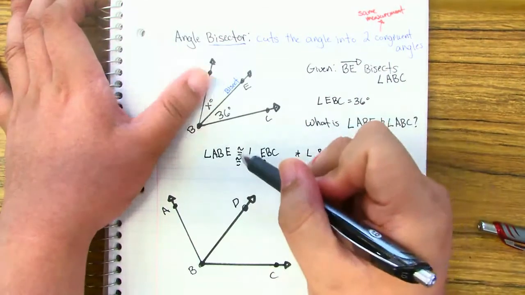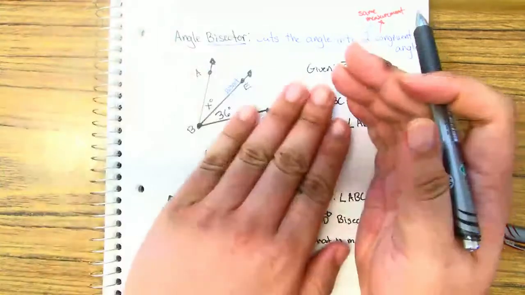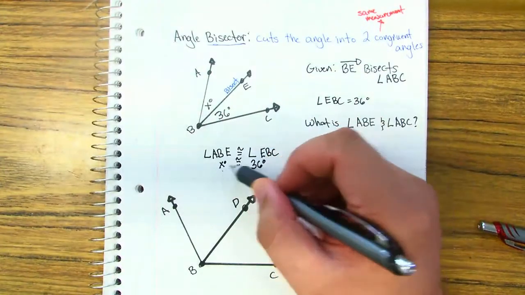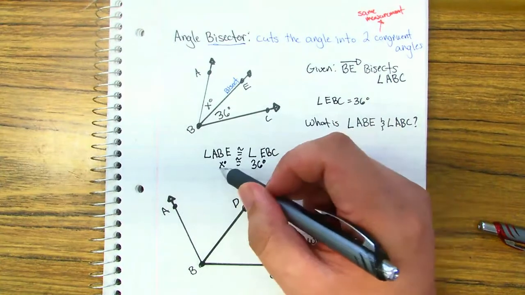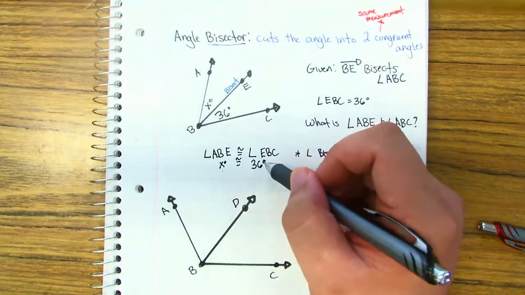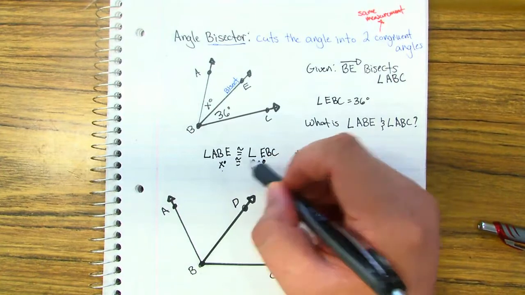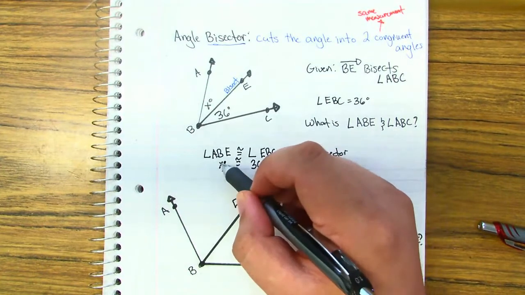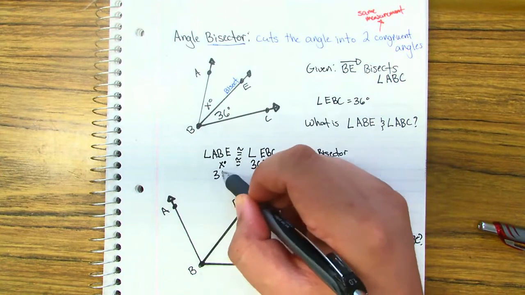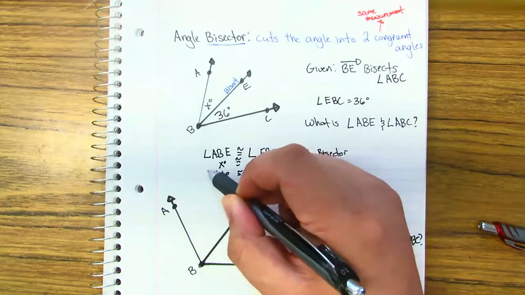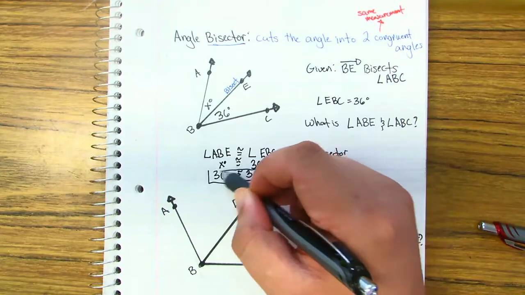That means it will be congruent to angle ABE, which is x, so x will equal 36, or x is congruent to 36. So automatically, your answer is already given. Substitute the value of x with 36 degrees, and you're done. Your answer should be 36.